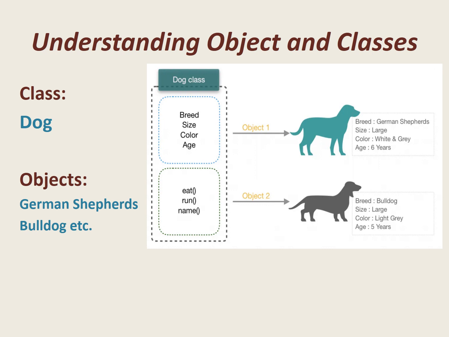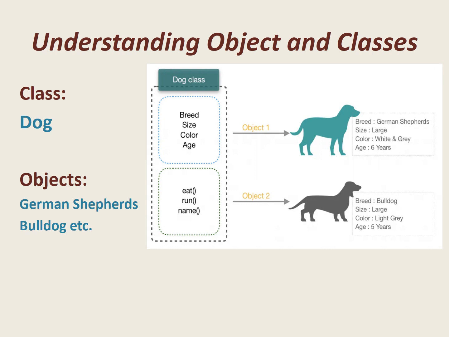So concluding this example, breed, size, color, age are the variable names that belong to the objects of the dog class, and eat, run, name are the functions that belong to the objects of the dog class. So here object 1 is one object of dog and object 2 is the second object of the dog class.